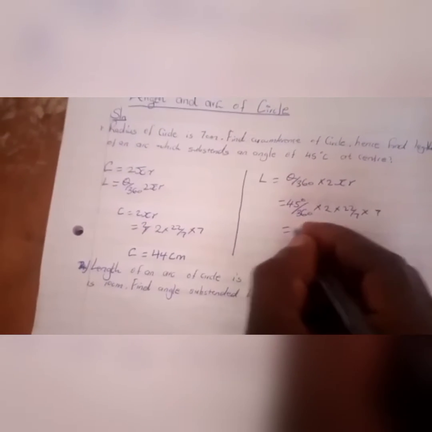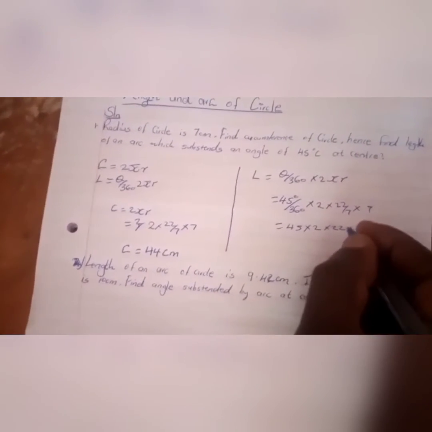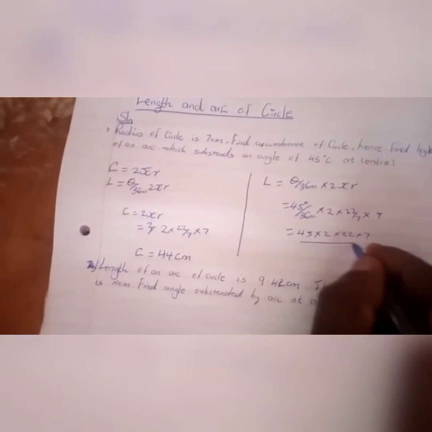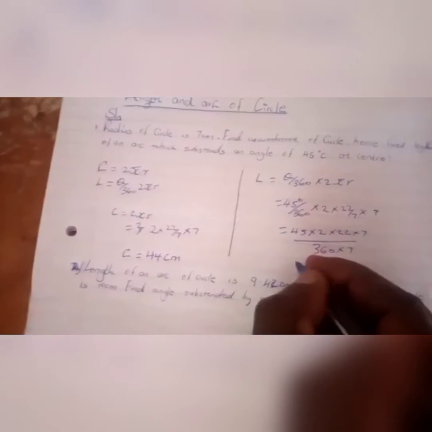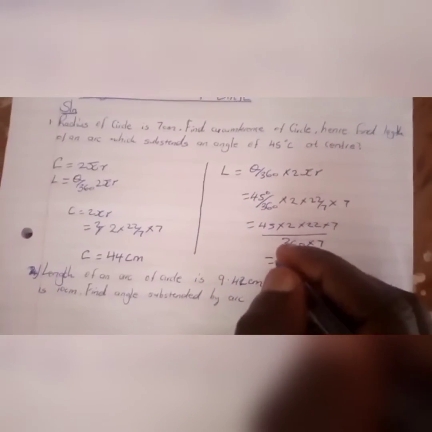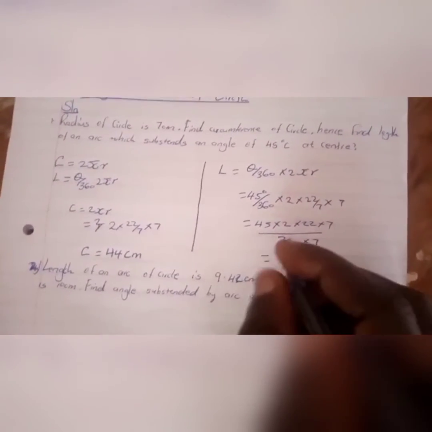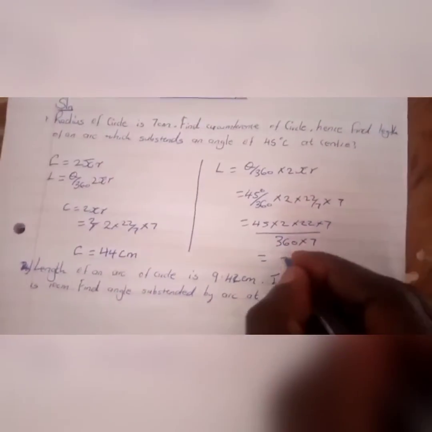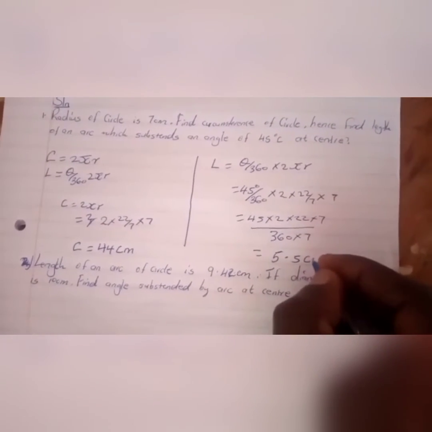So this is the same as 45 times 2 times 22 times 7 over 360 times 7, and after doing that, the length will be found to be 5.5 centimeters.